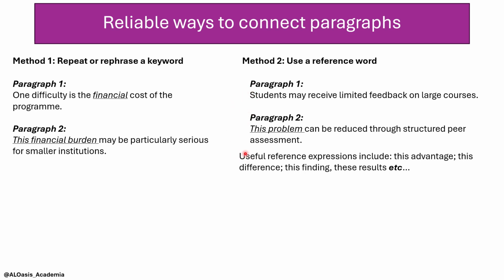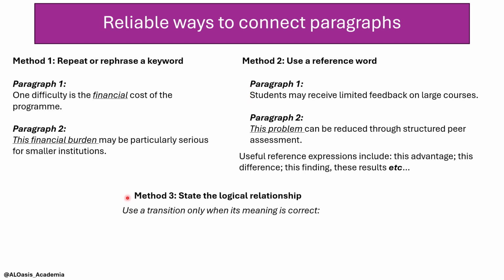There are other useful expressions to make these reference word connections, for example, this difference, this finding, these results, etc. It just shows that these two paragraphs are linked and that whatever problem we are conveying here is related to and already introduced in the paragraph before.